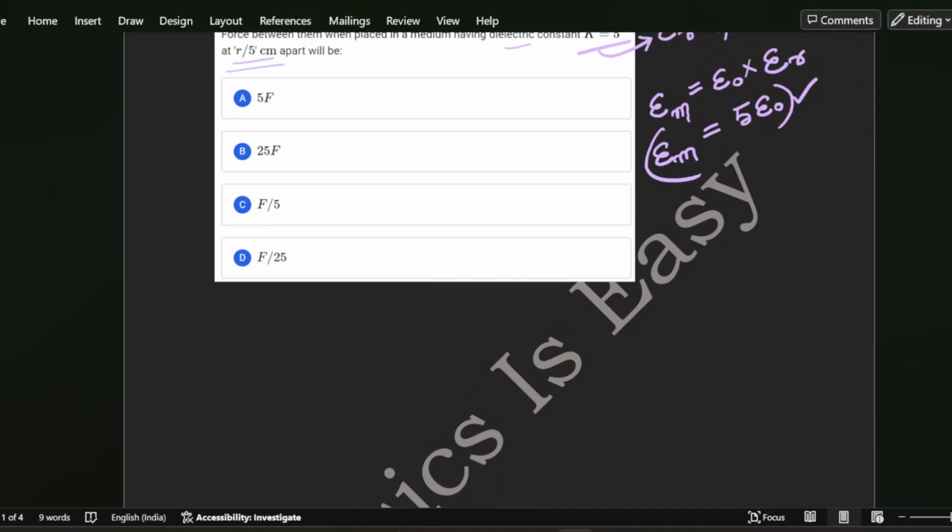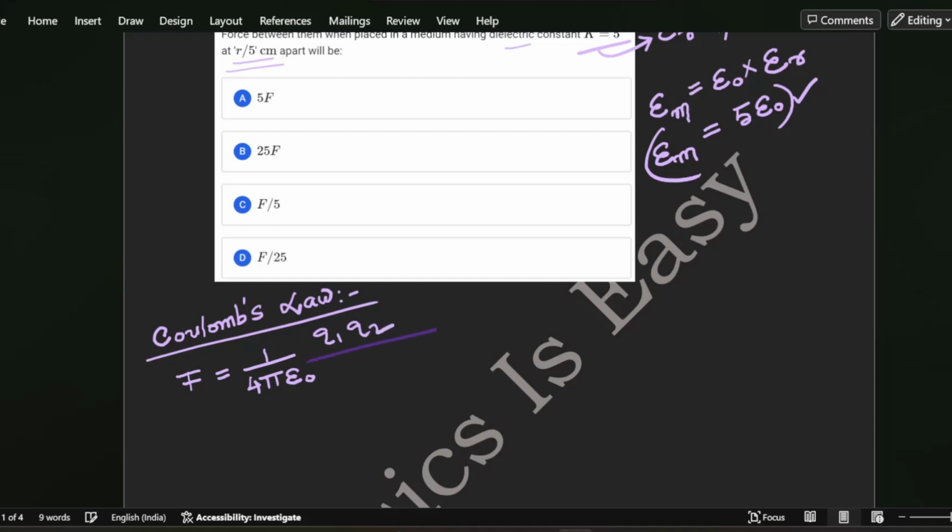Okay, so according to Coulomb's law, the force between two charges separated by a distance r is given by 1 by 4 pi epsilon naught q1 q2 divided by r square.